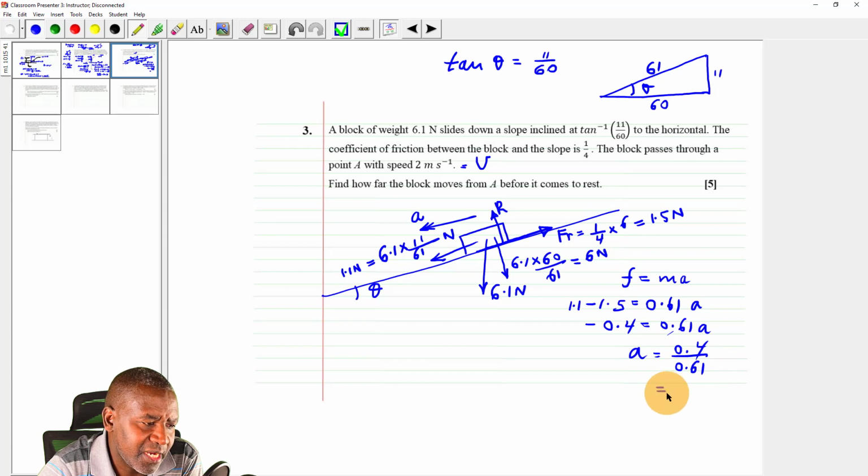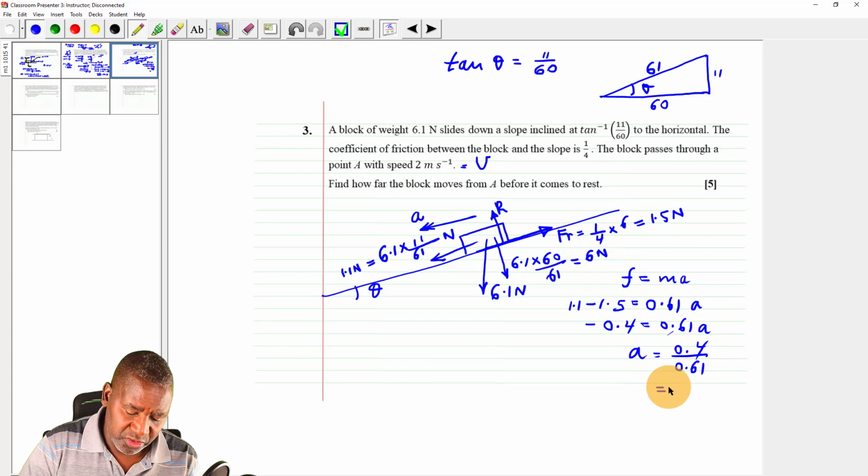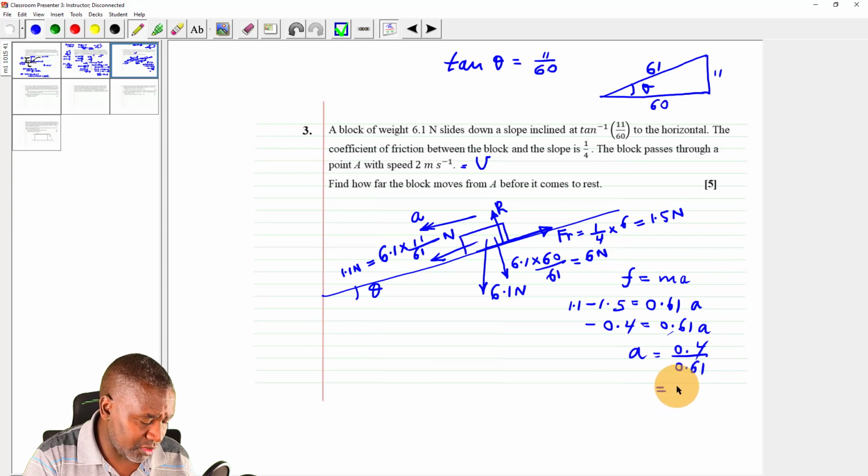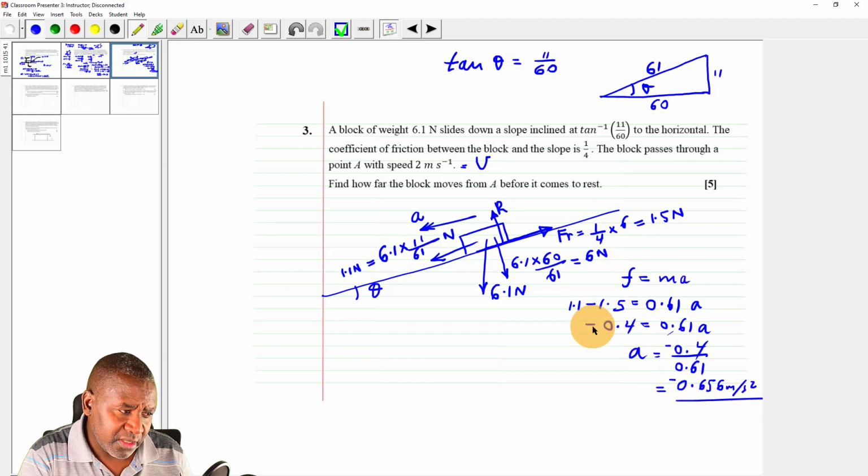That will be the acceleration. It doesn't give me an exact value, but not to worry. This gives me 0.6557, so I can say it is 0.66 meters per second squared, and of course it's negative. Don't forget that negative there.